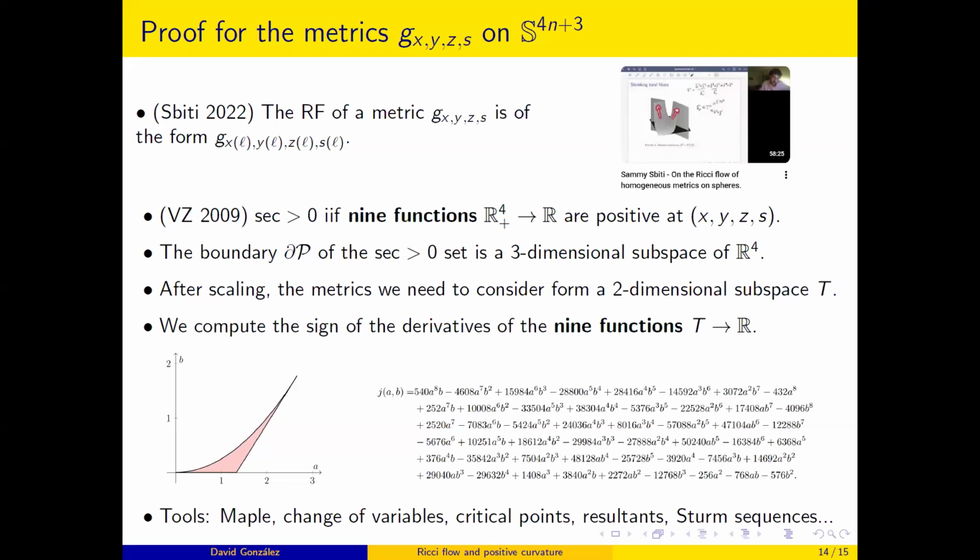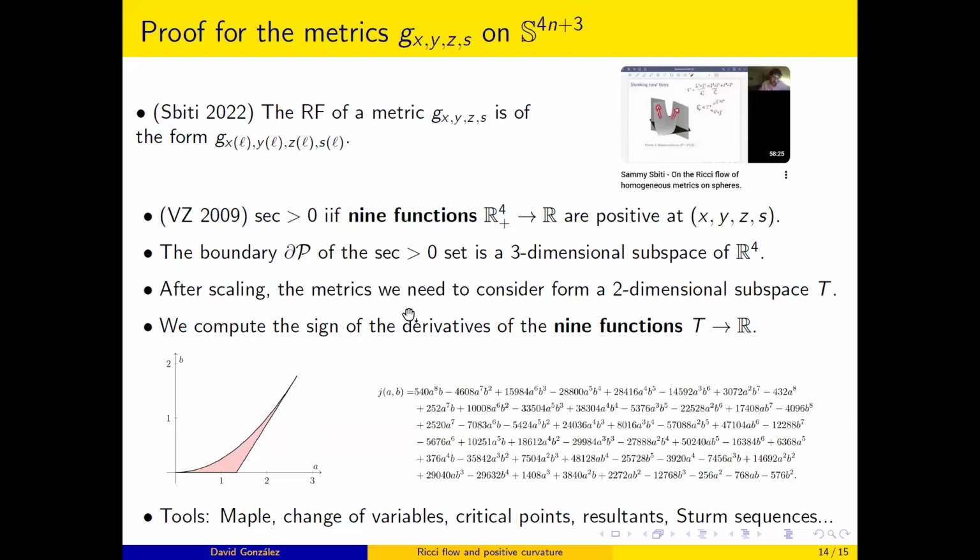First of all, the computer. Some of the computations have been done with Maple. For example, maybe you have a polynomial like this, but you can factorize it, and Maple gives you a nice factorization. So instead of deciding if this is positive or not, maybe you have many factors and you can treat each factor independently, and this becomes way easier.